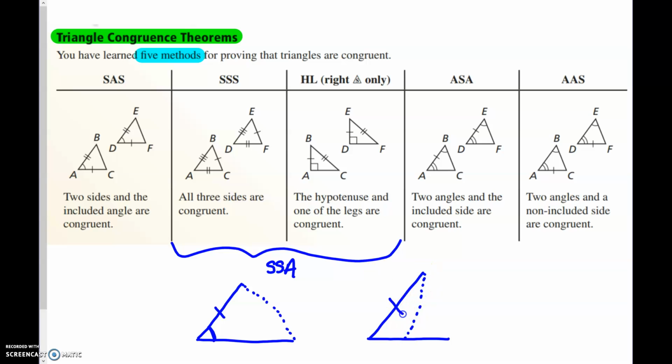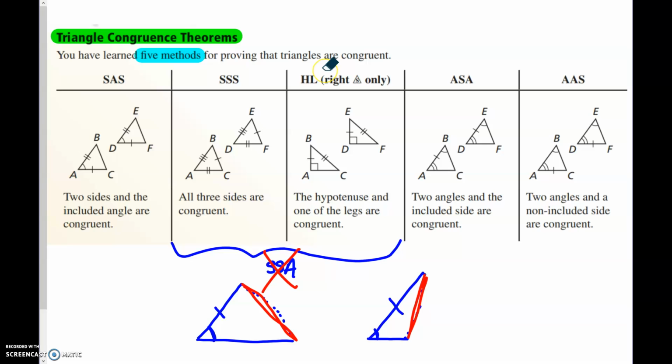And so we still have this side congruent. This angle is congruent. And now this red side going out this way is congruent to this one coming back in, but they are not congruent triangles. That is why side-side-angle does not work, because we could either go out or come in.